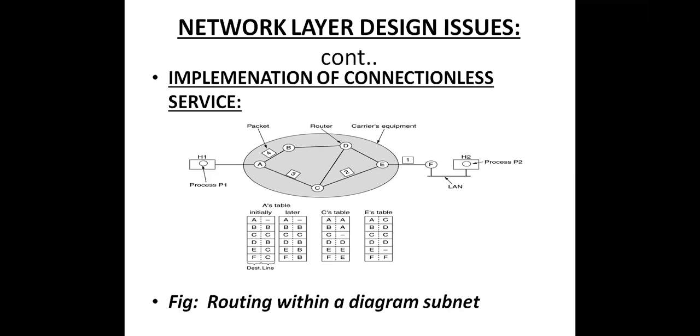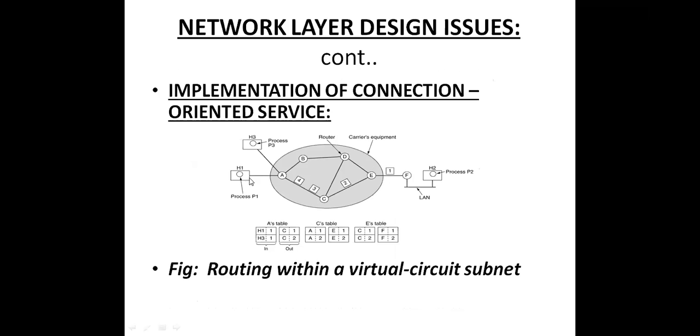But in the case of connection oriented service, if the router C fails, it is a subnet. Subnet is a combination of routers and the transmission lines. Circles are routers, and these are the transmission lines, right? So all the four packets are following the same direction. For example, if this router failed, what happened?